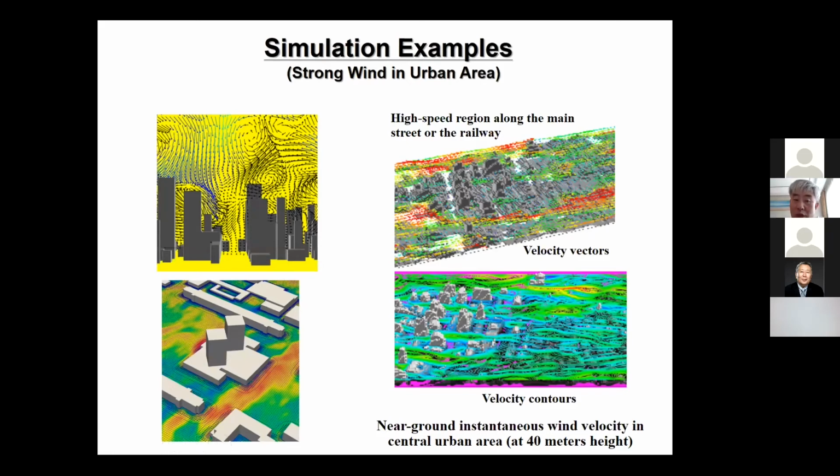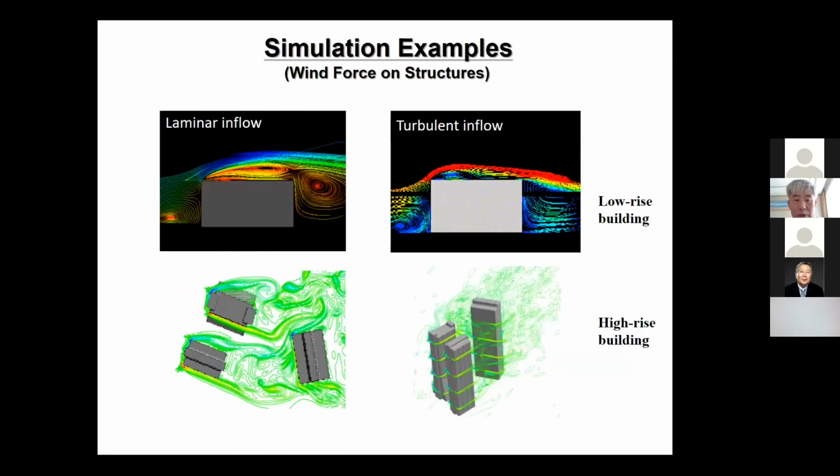We can first model the buildings, put the buildings into your numerical domain, and then you simulate the flow around the buildings, and of course the wind force on the structures is also possible. We do such simulations.